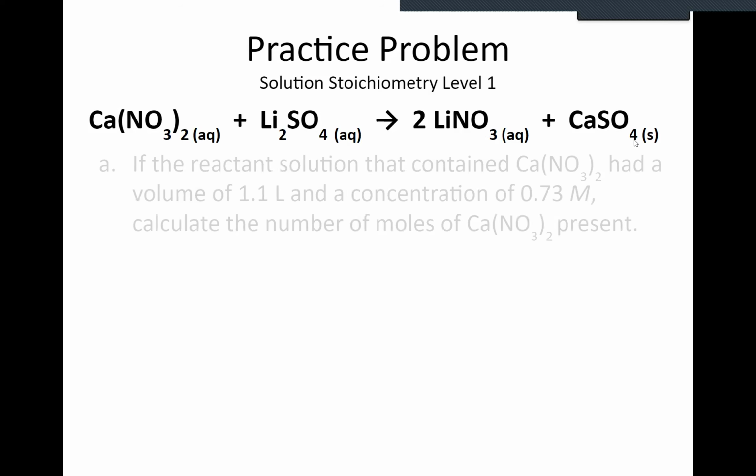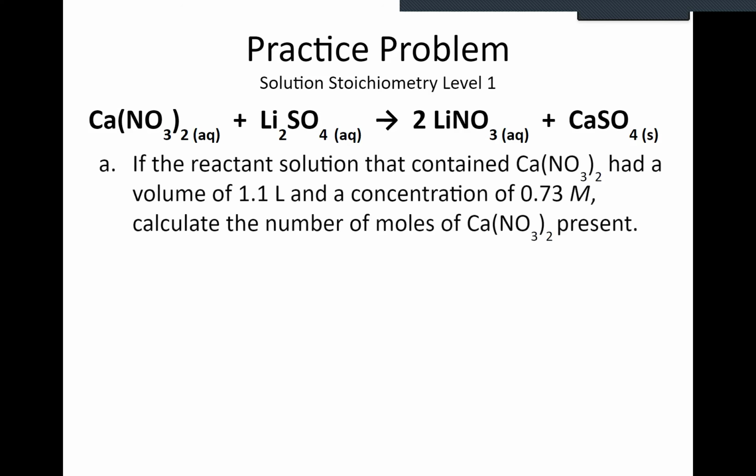There's 4 parts to this problem. Part A, if the reactant solution that contained calcium nitrate had a volume of 1.1 liters and a concentration of 0.73 molar, calculate the number of moles of calcium nitrate present.